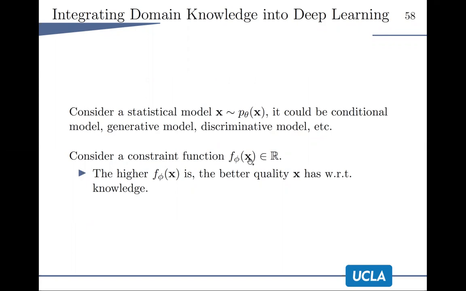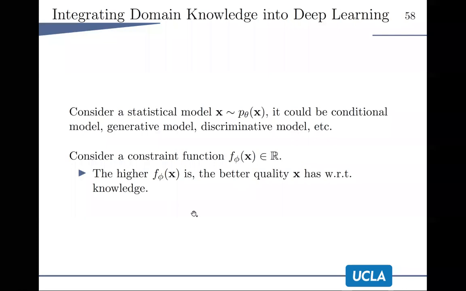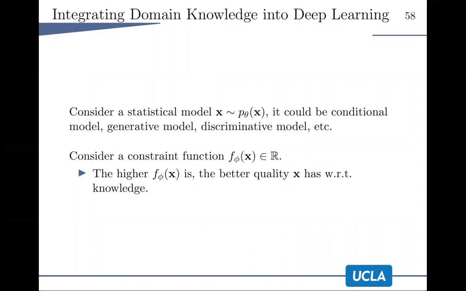And we also write a constraint function, f phi of X, whose output is a real number. This constraint function does not generate some distribution. It's generating a score. And this score means that the higher it is, the better quality X will be with respect to some of the prior knowledge.